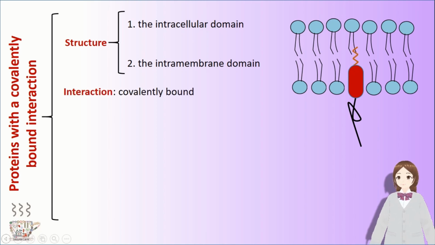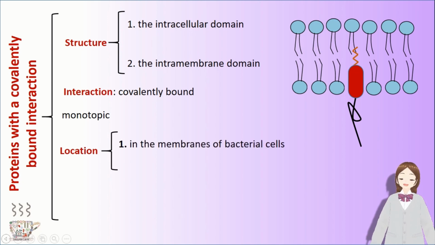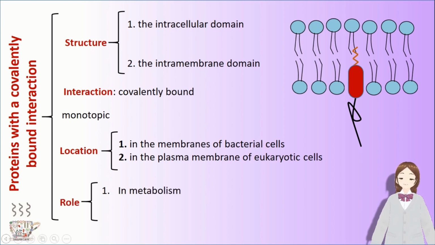Its interaction is covalently bound, it is classified as topographically monotopic, and it is located in the membranes of bacterial cells and the plasma membranes of eukaryotic cells. It plays a role in metabolism, in biosynthesis, and in cellular signaling.